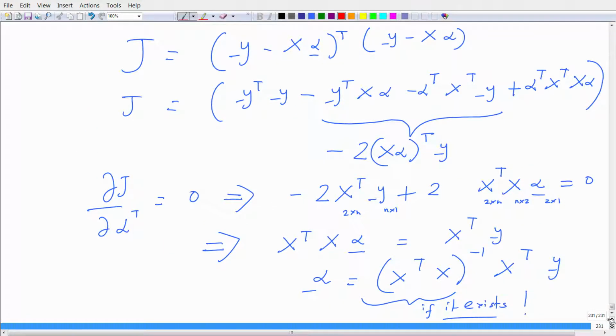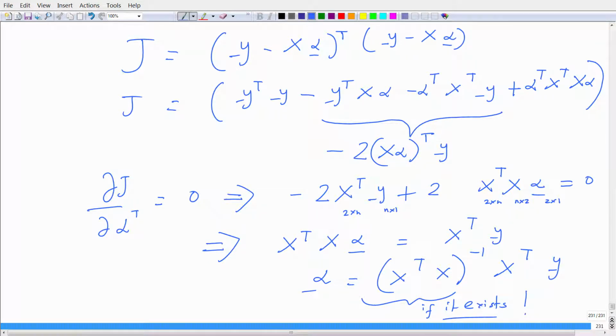Now, let us proceed with our simplifications. This cost J is basically y minus matrix X times vector alpha, the whole transposed, times y minus X times alpha. Alpha is a vector, so we were missing this underscore. Now I simplify this quantity. This is y transposed y, because (A minus B) whole transpose is A transpose minus B transpose, so I use this algebra.